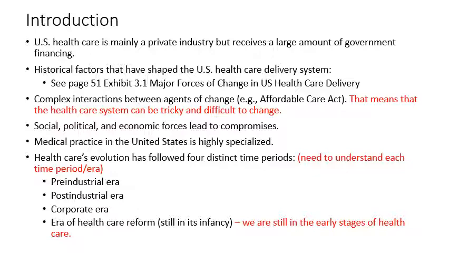Medical practice in the United States is highly specialized. That means a lot of doctors have a specialty versus being a generalist, also known sometimes as family doctors, which we tend to lack.